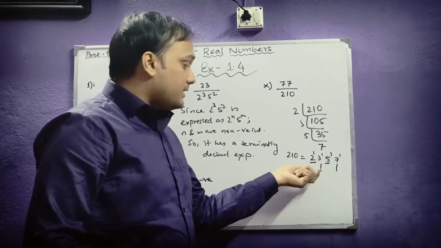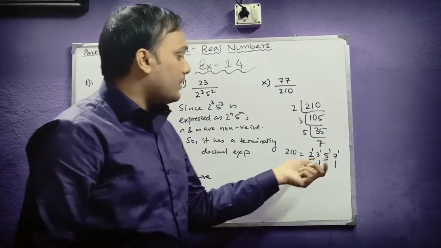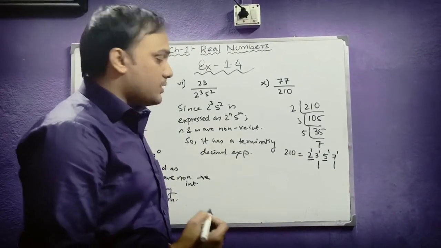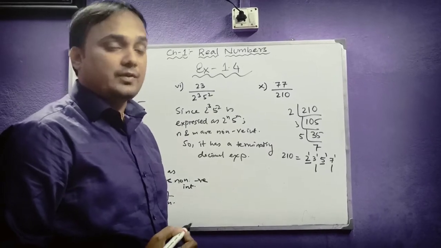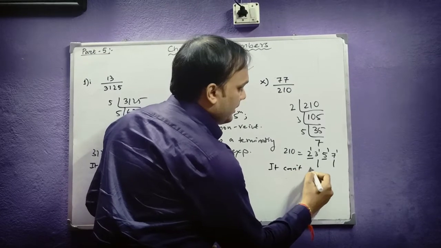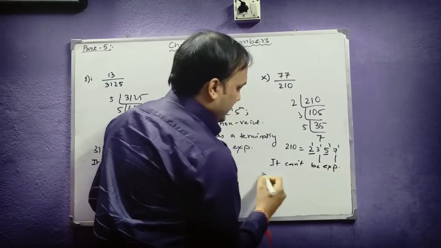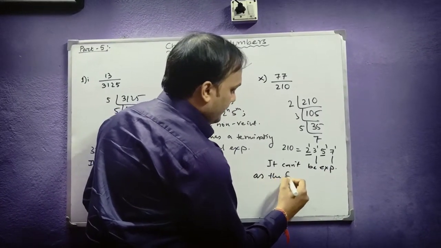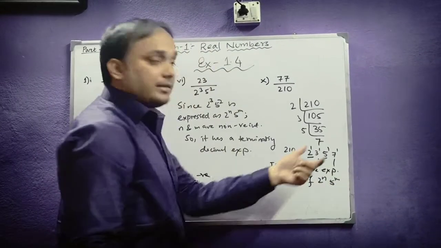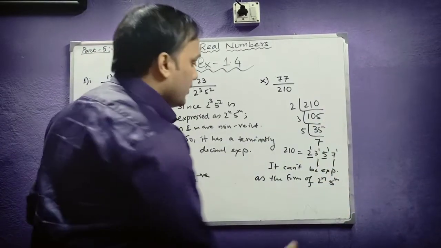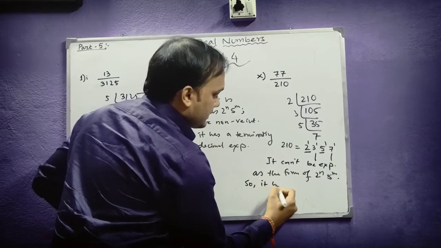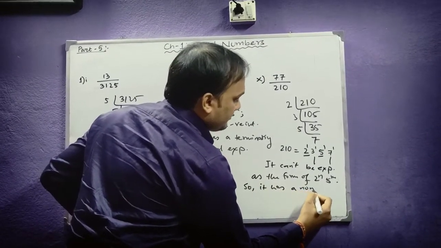So we can say that 210, that means 2 to the power 1, 3 to the power 1, 5 to the power 1 into 7 to the power 1, cannot be expressed only in the form of 2 to the power n into 5 to the power m. We have other factors 3 and 7 also.